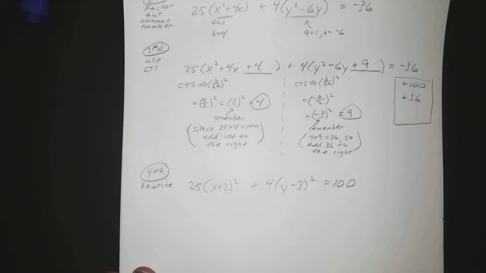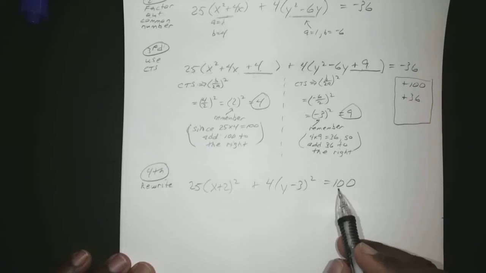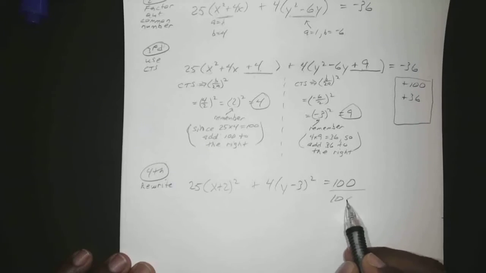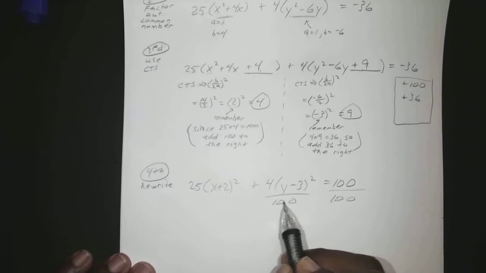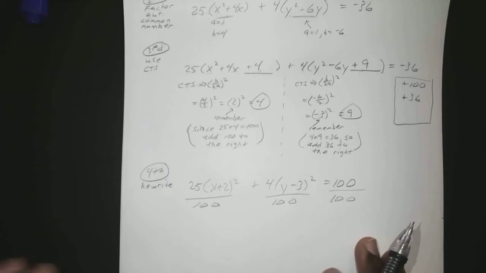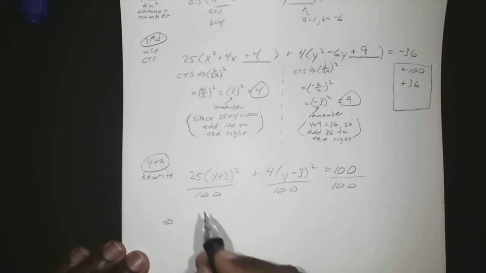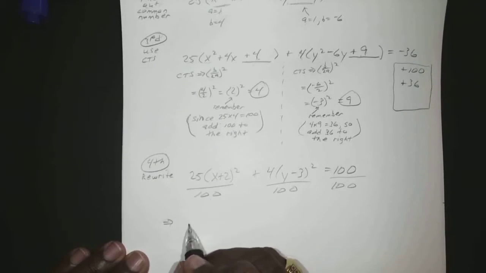Now remember, your ellipse is equal to 1. It's x minus h over a squared plus y minus k over b squared, and it's equal to 1. Okay, so what we're going to do here is divide each term by 100. Okay, so that gives us 25 over 100 is 1/4.